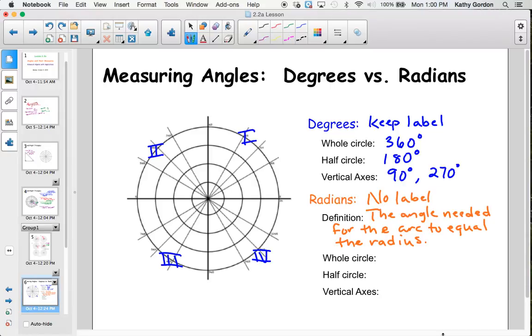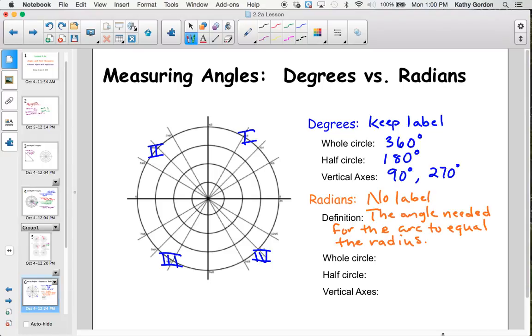So 1 radian as an angle is the angle that's needed so that the arc that you've cut off on your circle is equal in length to the radius of the circle. Okay, that's the actual definition of what a radian is.